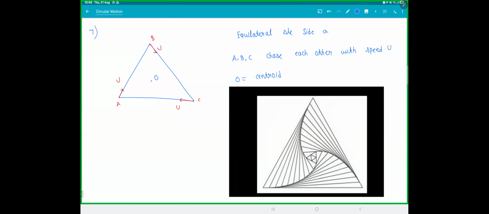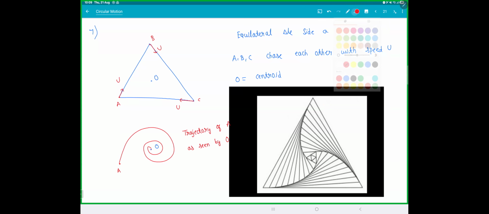Right. So if you actually look at this position A, if you're looking at point A now, this is what O will think about A. This A is going something like this. It's going in a spiral. This is the trajectory of A as seen by O. That means at any time, if you look at the reference line, this is theta.